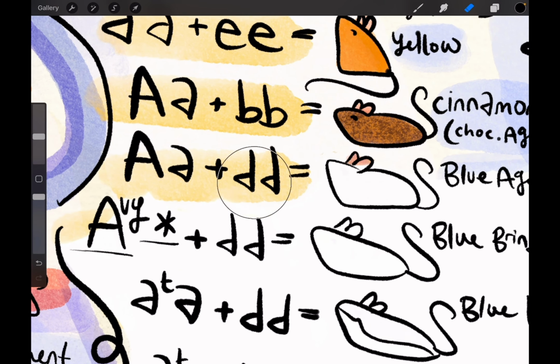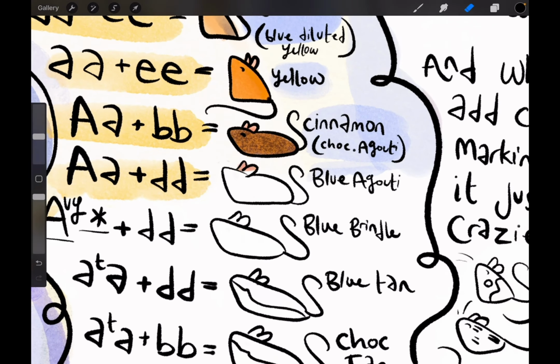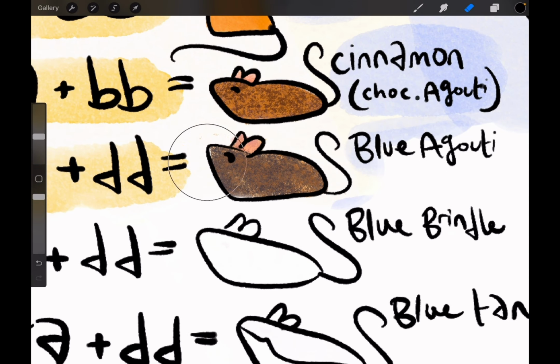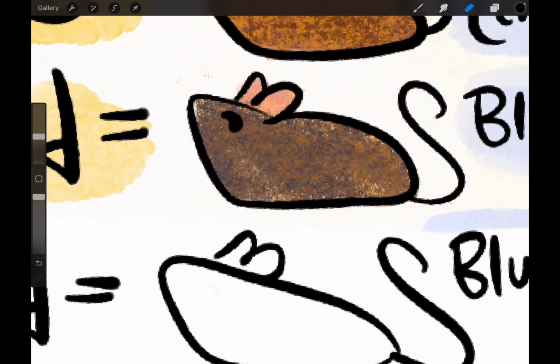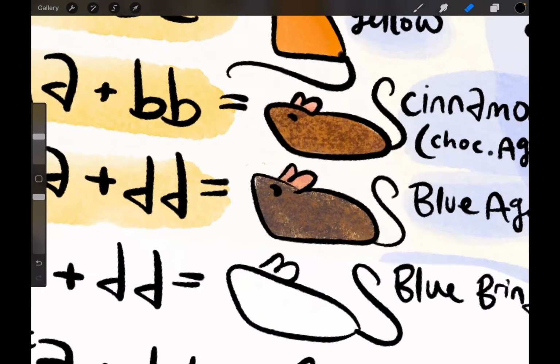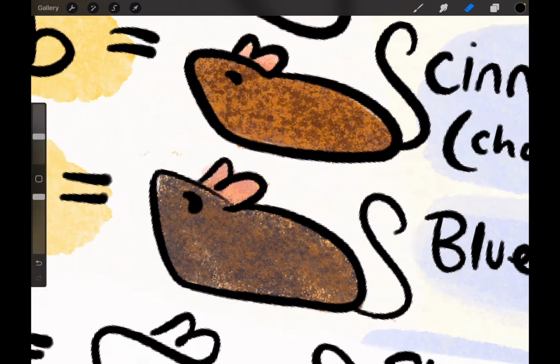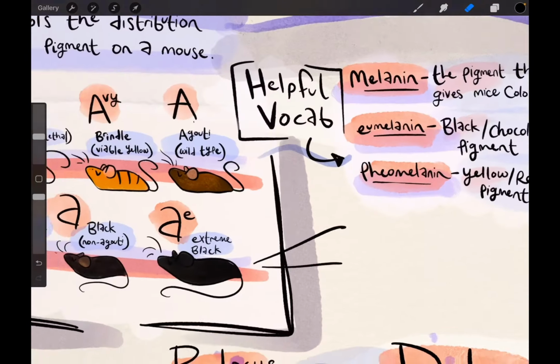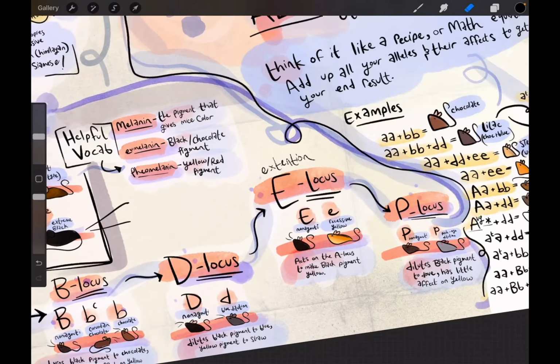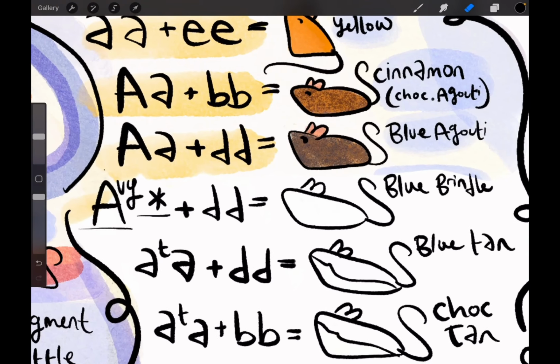If you remember, blue turns black to blue, and it turns yellow to straw. So that means that we're going to get a blue agouti with blue where the black was and straw where the normal yellow was. So you've got those two next to each other. Fun little comparison. And you can also look at the agouti in comparison, which is darker than the other two.